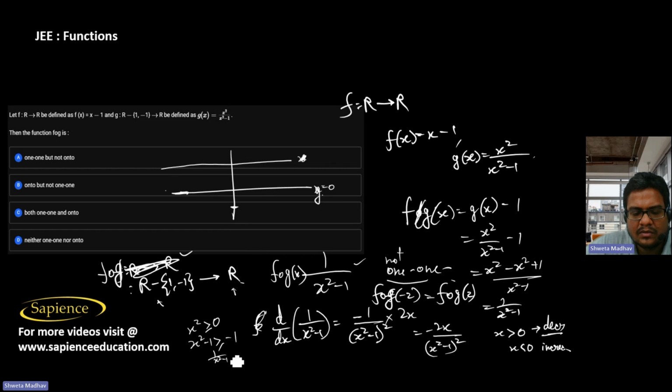So 1 by x square minus 1 will go till infinity, and it can be positive also, but it will go from minus 1 to 0 only.